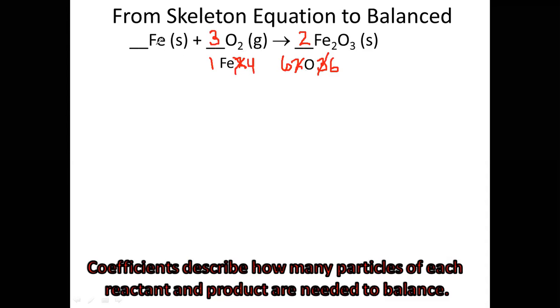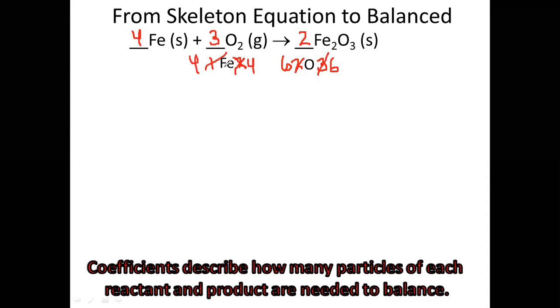Well, we only have 1. We're not allowed to write a little 4 right here because that changes the formula. We're allowed to write a coefficient. So what coefficient would create 4? Well, it would be the coefficient of 4. 4 times the 1 that was already there creates 4 iron atoms.